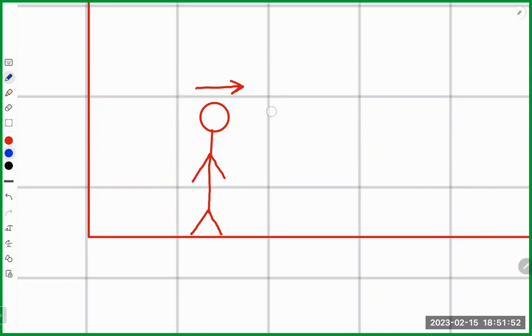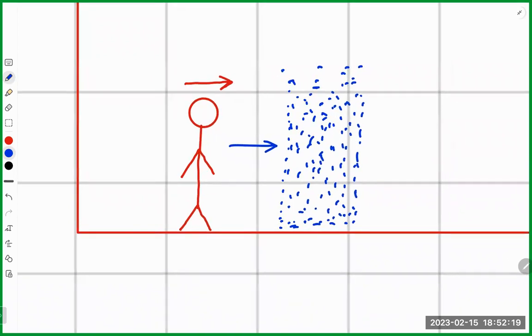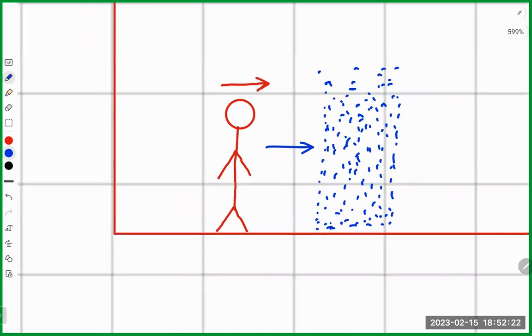So when you are moving this way, there are molecules like this. When you move through them, let's see if I make one molecule here: you exert force on the molecule, and then the molecule exerts force on you. This will be an equal and opposite force.